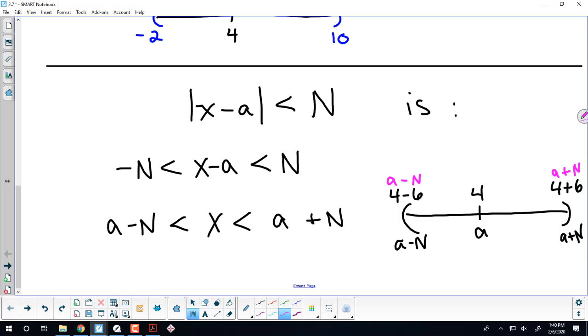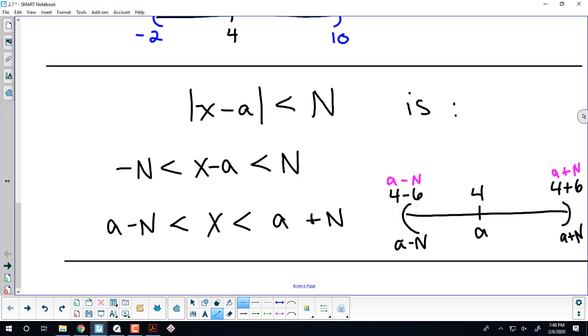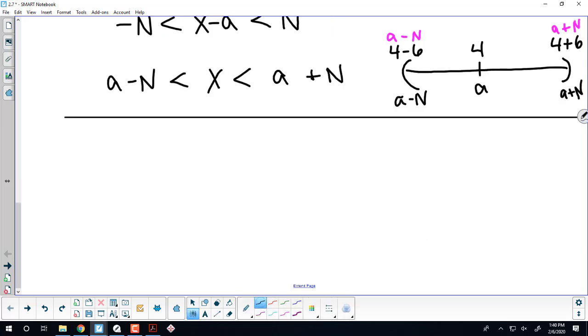So it doesn't matter what symbols are in there, you'll see there's two different absolute value inequality statements in the definition of the limit. But I could also do the same exact thing for my y values. The absolute value of f of x minus w is less than p. That would say on the y-axis, I'm less than p units away from w.